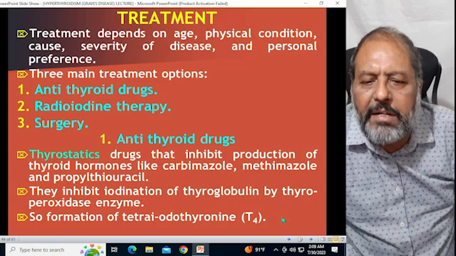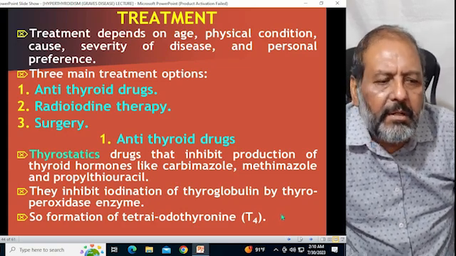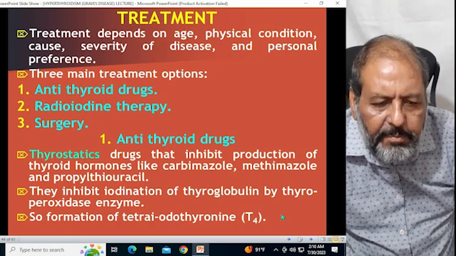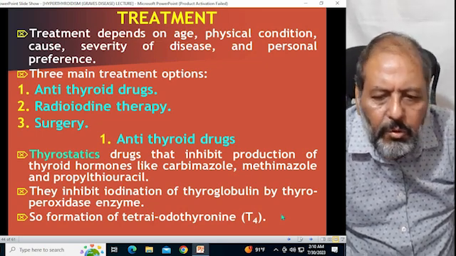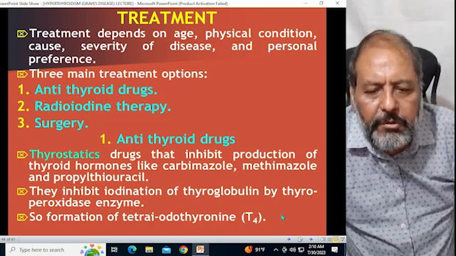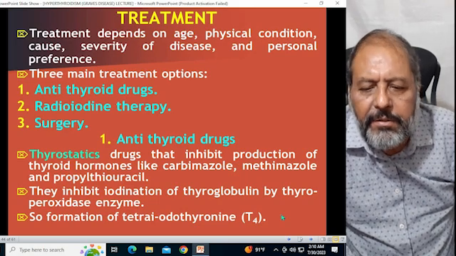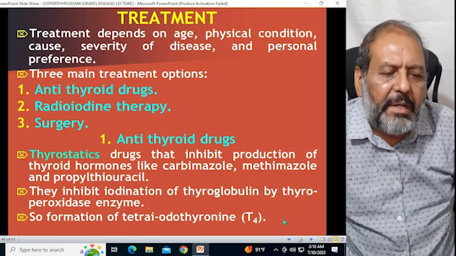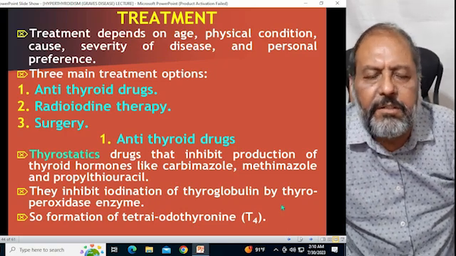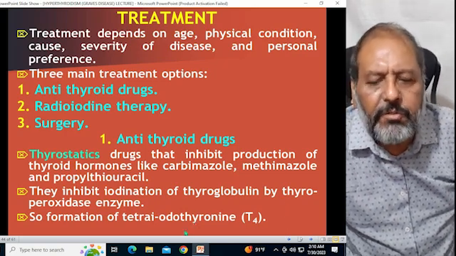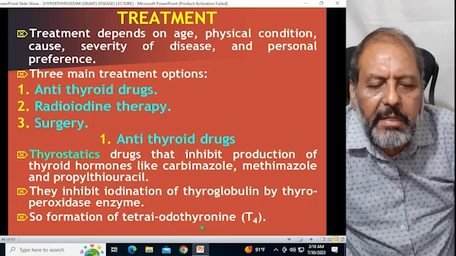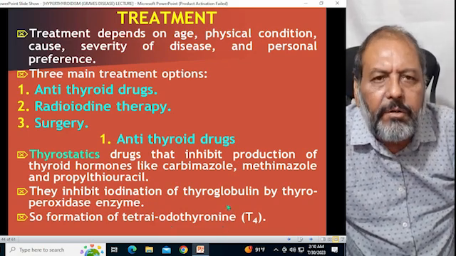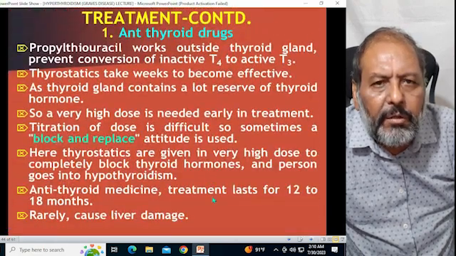So thyrostatic drugs that inhibit the production of the thyroid hormones are carbimazole, methimazole, and propylthiouracil. They inhibit iodination of thyroglobulin by the thyroperoxidase enzyme, which is responsible for the formation of tetraiodothyronine, that is, T4 formation is dependent on this process.